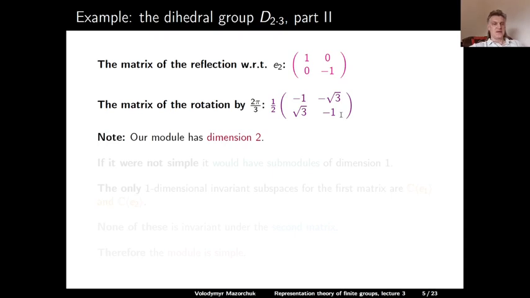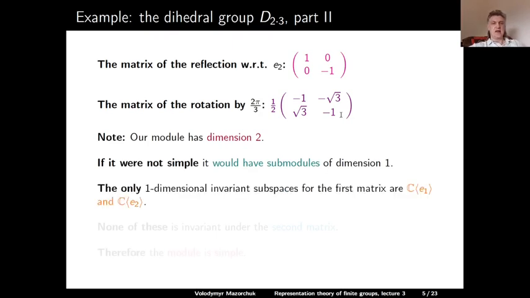Note that our module has dimension 2. So if it were not simple, it must have one-dimensional submodules. However, the only one-dimensional subspaces invariant with respect to the first matrix are the linear spans of the first and the second basis vectors. This is because the basis vectors are eigenvectors for the first matrix with different eigenvalues.